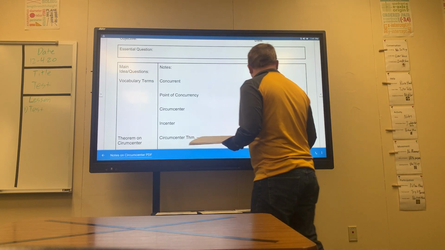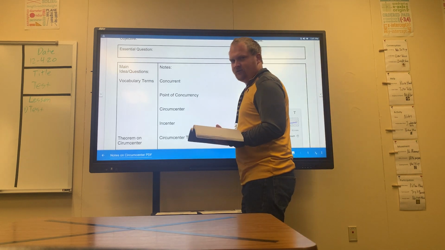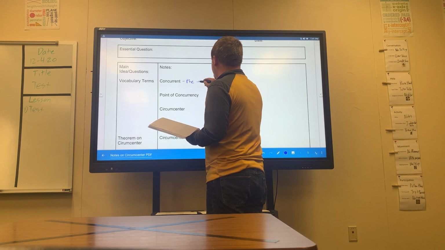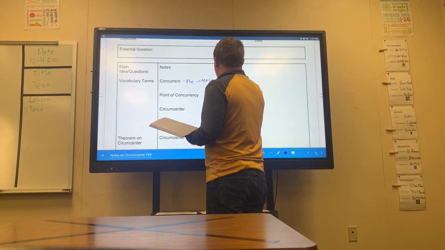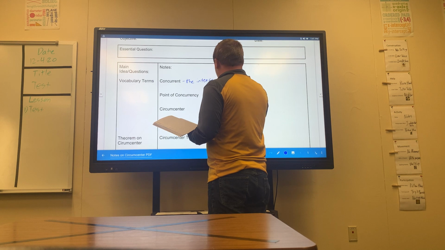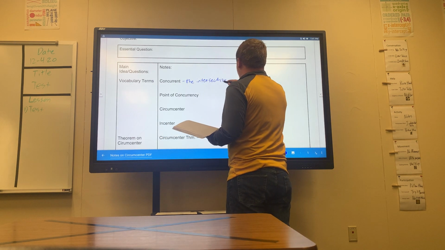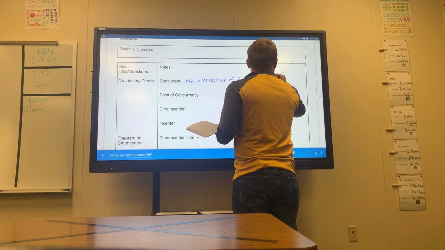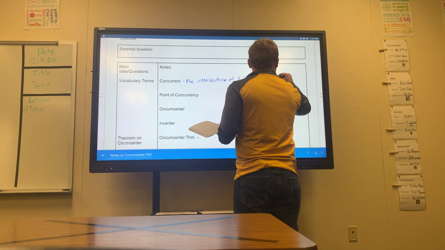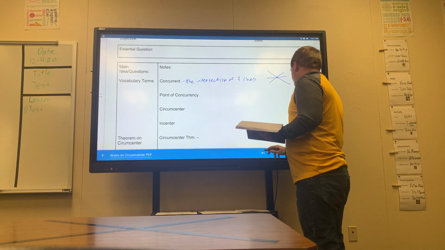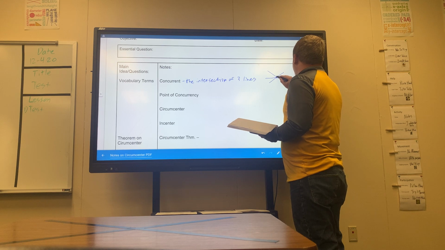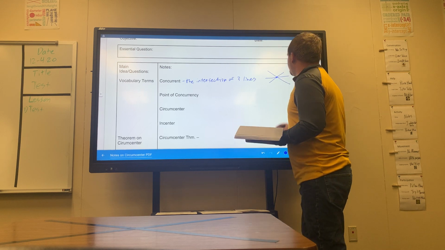First off, one definition that we have is concurrent, which is the intersection of three lines. So that means if I have three lines here, then I have a common point at the intersection here.